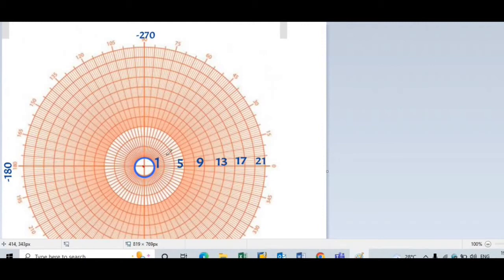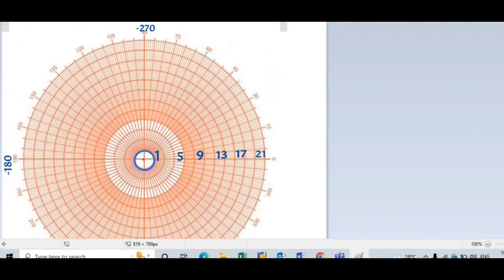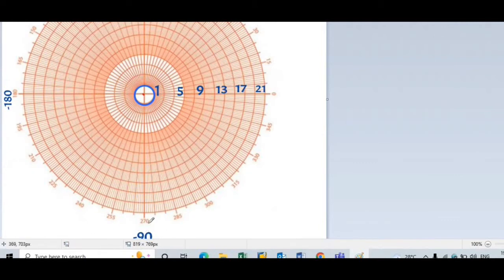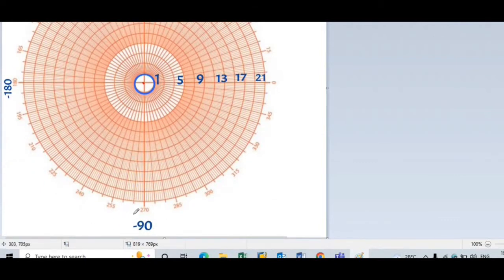Now we will move to the next. For the next, magnitude is 1.24, and for this 1.24, angle is minus 158. Now if we observe, here is the angle minus 90 degree. Each line represents a gap of 5 degrees, so this total gap is 15 degrees. So the total is 90, 100, that is 10 completed, and now 105 degrees.